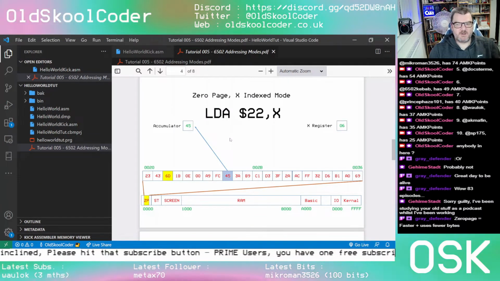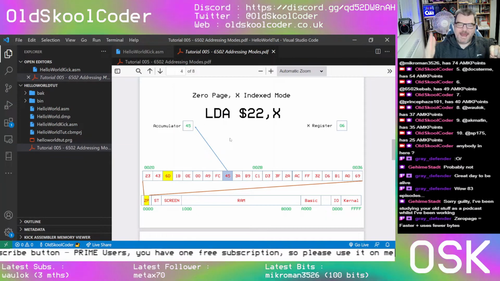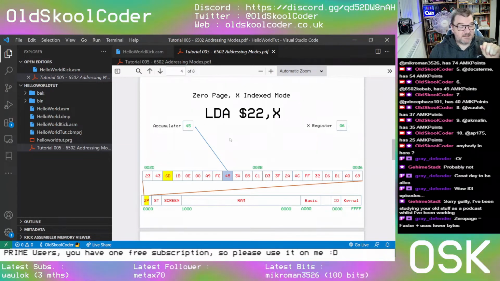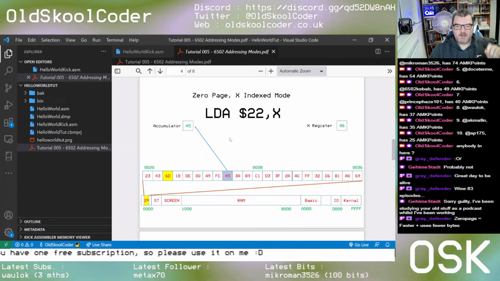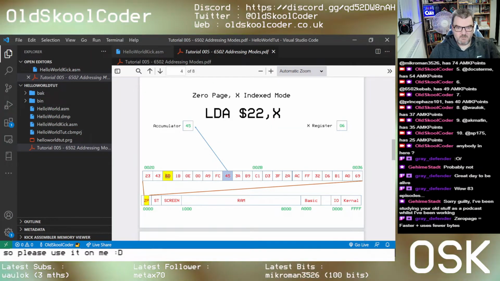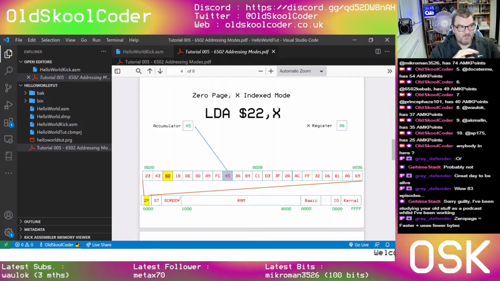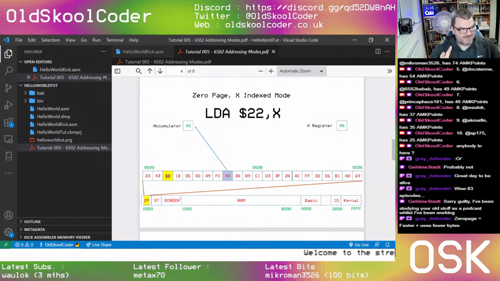We're telling the computer to look at 0 page location 22, and X is 6. So effectively you're telling the CPU to look at 22, which is highlighted in yellow, but offset it positively by 6.